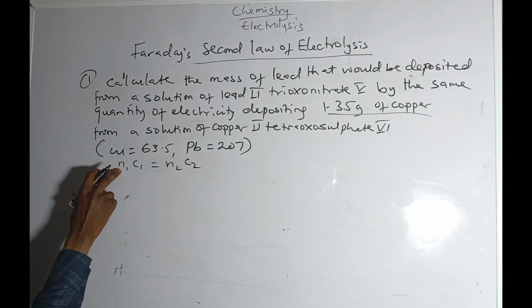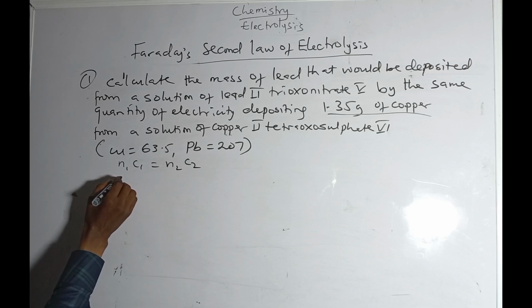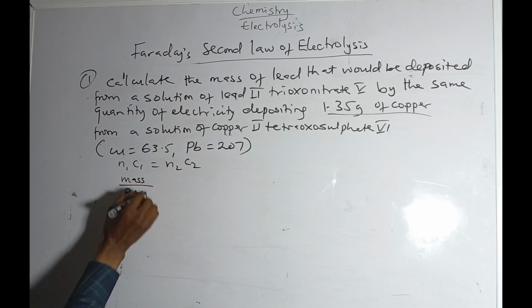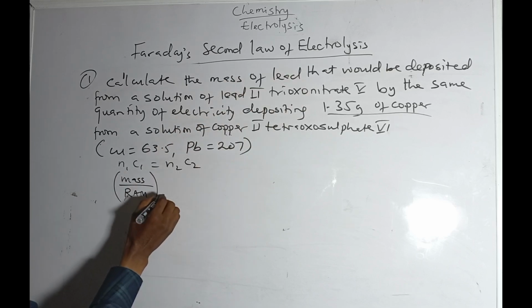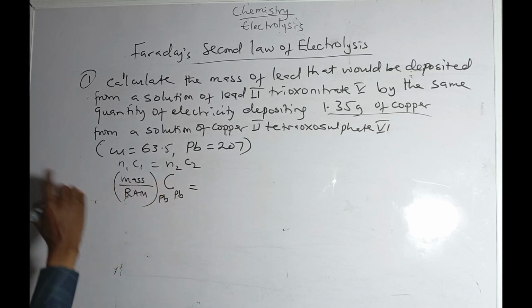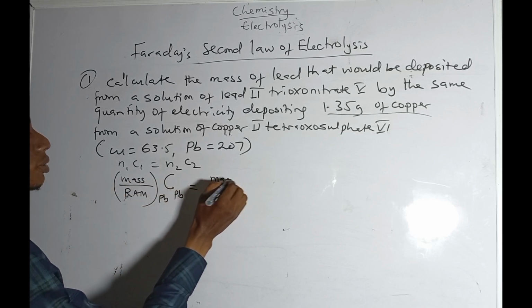So you know what is mole? Mole is mass over RAM, mass over relative atomic mass. So in that case, it will be mass over relative atomic mass of lead, Pb, times charge of lead. This C here is charge.